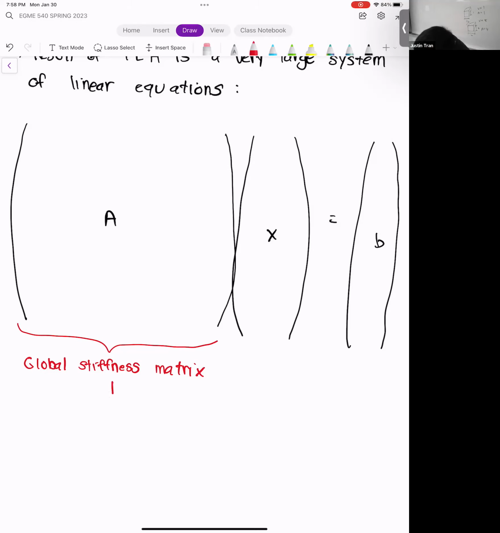The way ANSYS, or any FEA software, computes the global stiffness matrix is that it takes into account the physical properties and the physical behavior of the system.